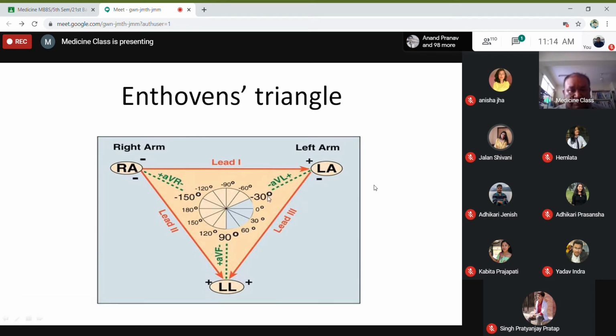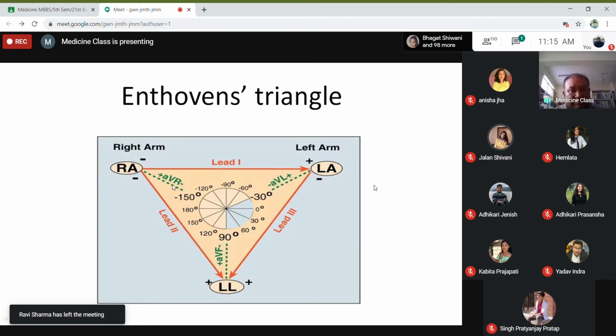So these are the three other unipolar leads, which come together in the center of this triangle, and it becomes zero. This A is for augmented, because there used to be very small amplitude if you do not augment this voltage. This V stands for unipolar lead, and R is for right arm, L for left arm, and F for left leg.